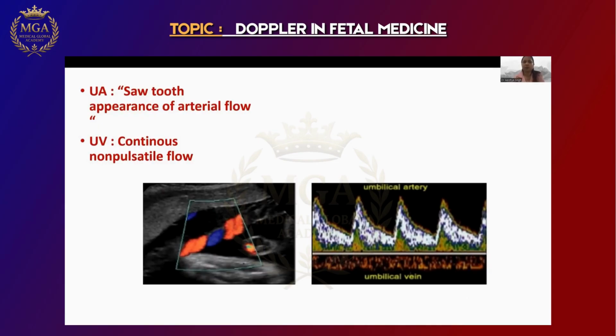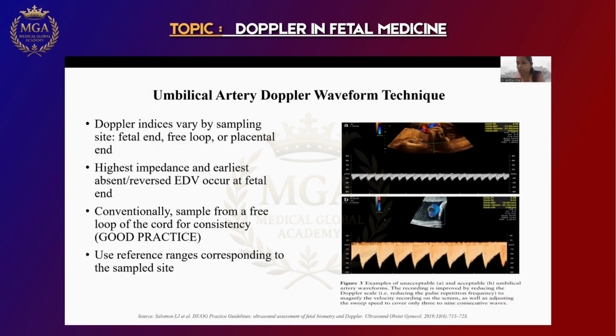Okay. Now, how do we do umbilical artery? From the placenta, the umbilical artery arises. There's a free loop and it goes and attaches to the fetus. We all know this. In the umbilical cord, there are two arteries and one vein. Okay. And there are three sites we can do. We can do at placental end, we can do in the free loop, or we can do at fetal end.